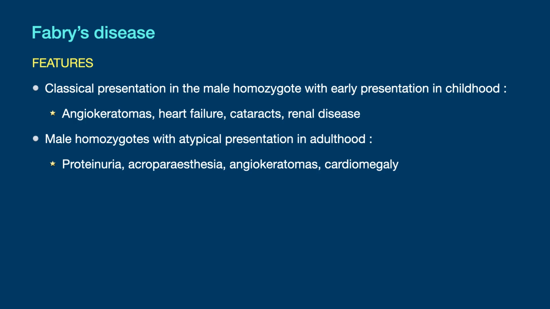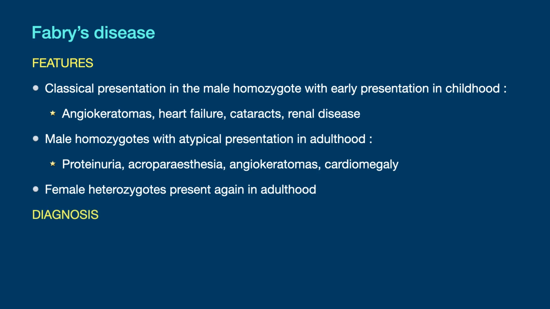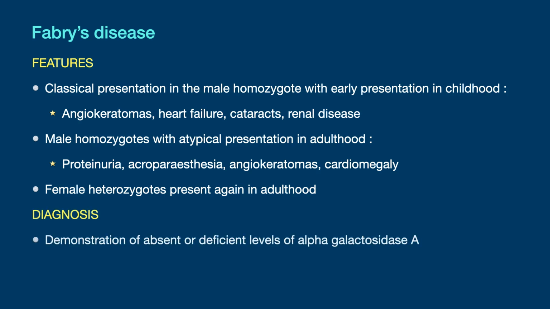And finally, female heterozygotes which present again in adulthood with mild similar symptoms. The diagnosis is confirmed by demonstration of absence or deficient levels of alpha-galactosidase A in leukocytes, plasma, or cultured fibroblasts. The most efficient means of diagnosis is by slit lamp examination of the cornea, which reveals microscopic lipid deposits.